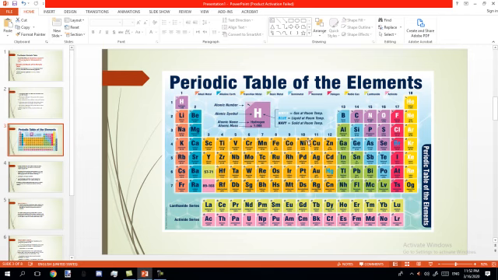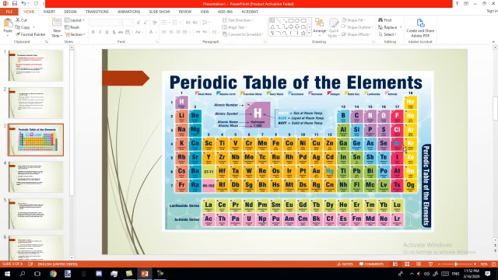The middle, which has the orange color here, is called the D block. And from group 13 to group 18 are the P block, and those Lanthanide and Actinide series are the F block.